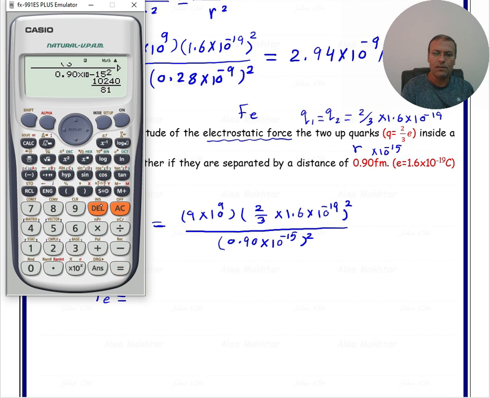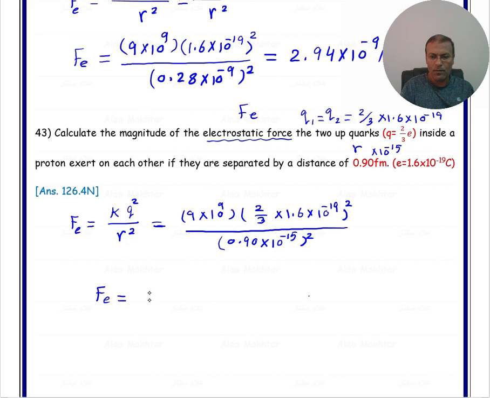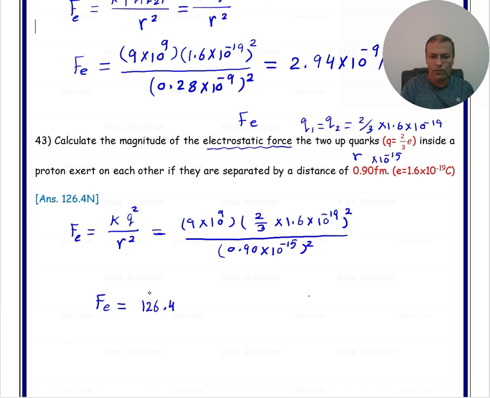The answer is this number, 126.4 Newton. This is the force between two quarks.